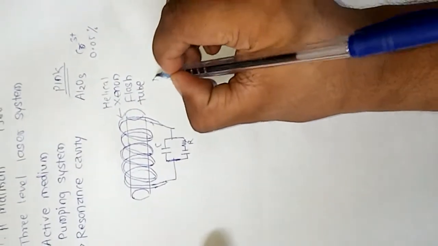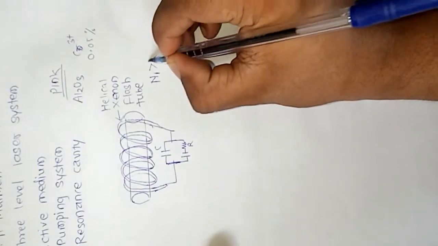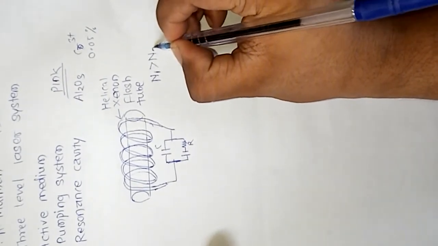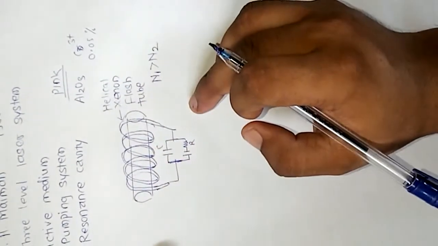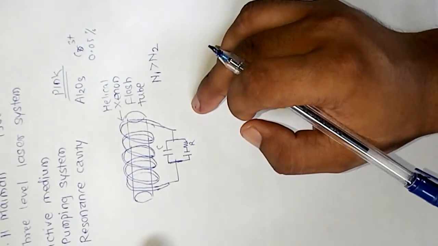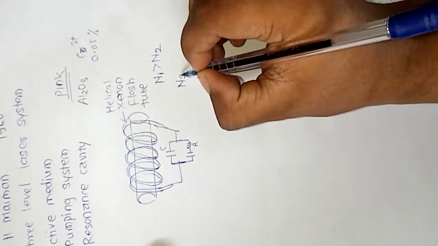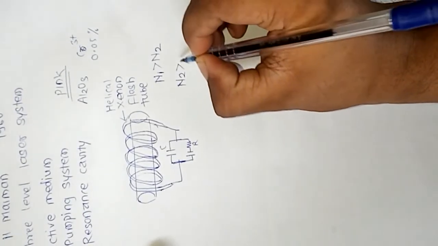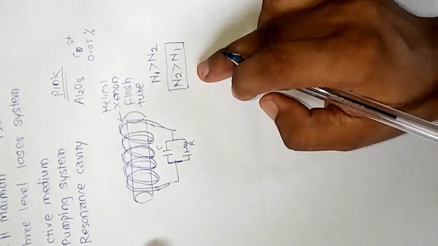That is, suppose N1 is the number of electrons in the ground state; it is always greater than the number of electrons in the excited state, N2, if no energy is provided to the system. But for laser action we have to achieve population inversion, and for that we must have N2 greater than N1. This is the condition of population inversion.